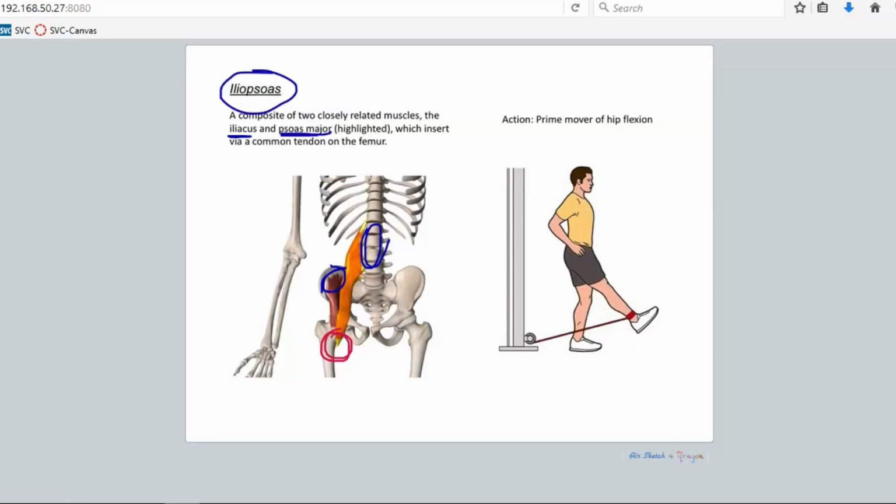When they contract, they pull that leg forward. So these muscles contract like so, they pull on the femur, and they cause that femur to move forward. So this is the prime mover of hip flexion.